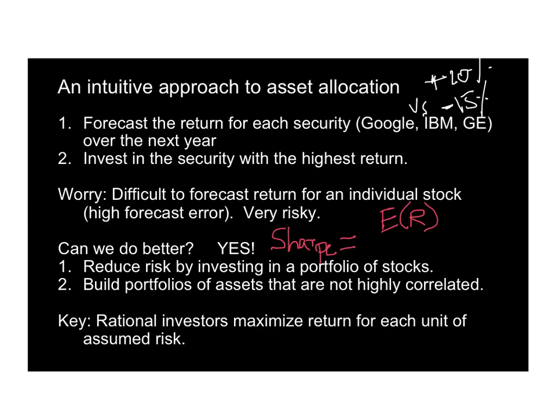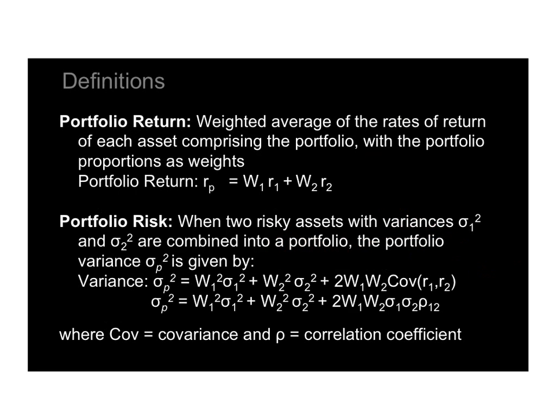That is, a forecast error can be reduced quite a bit by building a well diversified portfolio made up of assets that are not highly correlated. So, the key intuition is that investors care not just about return, but really about return for each unit of risk that they assume, where the risk is measured by the confidence that they have in their forecast.